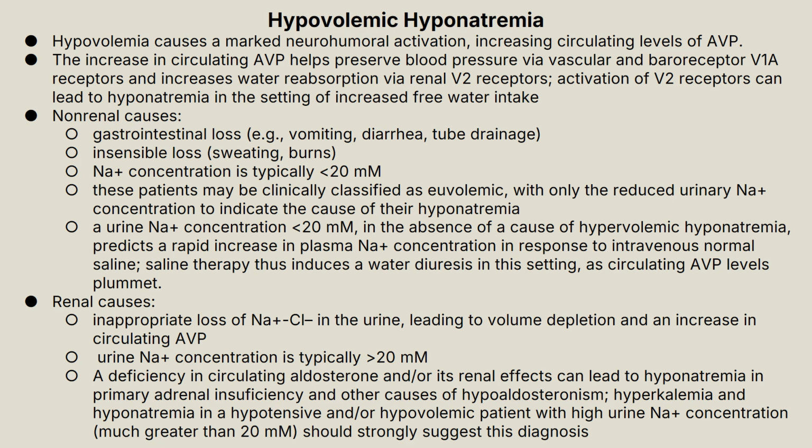So if we see a patient with hyperkalemia, hypotension, and hyponatremia, we should look for a deficiency in adrenal hormones, particularly, of course, the cortical mineralocorticoid aldosterone.